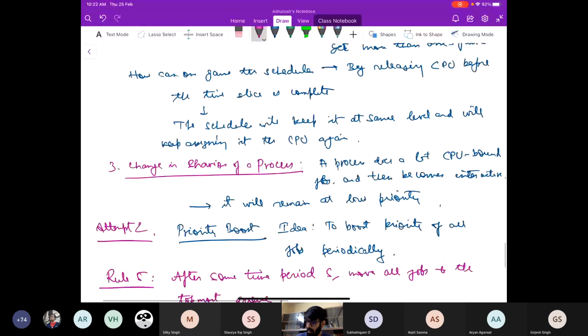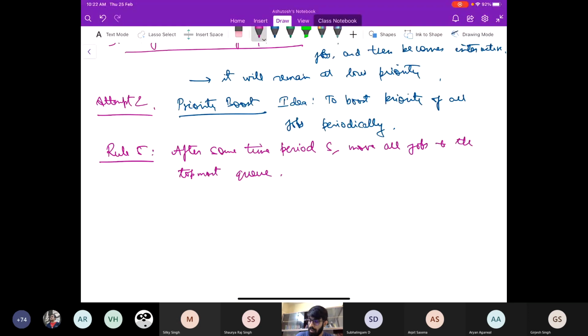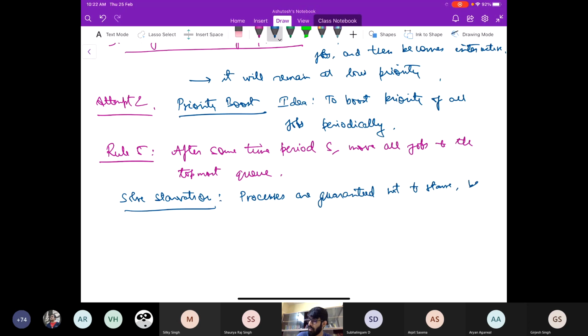So how does it solve starvation? Of course, processes are guaranteed not to starve, because they will get CPU time in round robin after getting to the topmost queue.